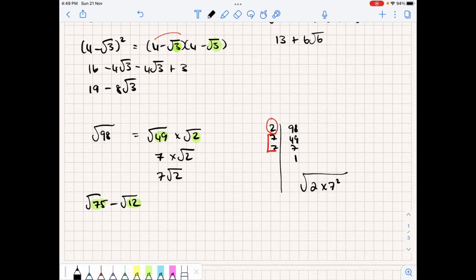So I already know that the square root of 75 can be expressed as the square root of 25 times the square root of 3. And here I'm going to subtract, and I'm trying to think of another perfect square number. And I can think, well, this can be expressed as the square root of 4 times the square root of 3. And so we can simplify this as 5 square root 3 minus 2 square root 3, and the simplified answer would then be 3 square root 3.